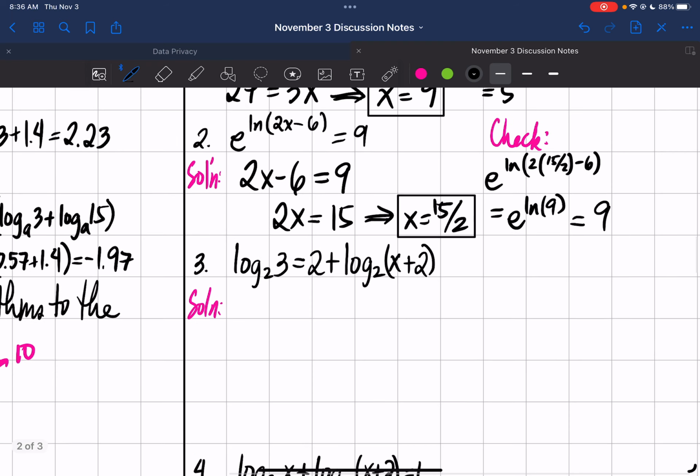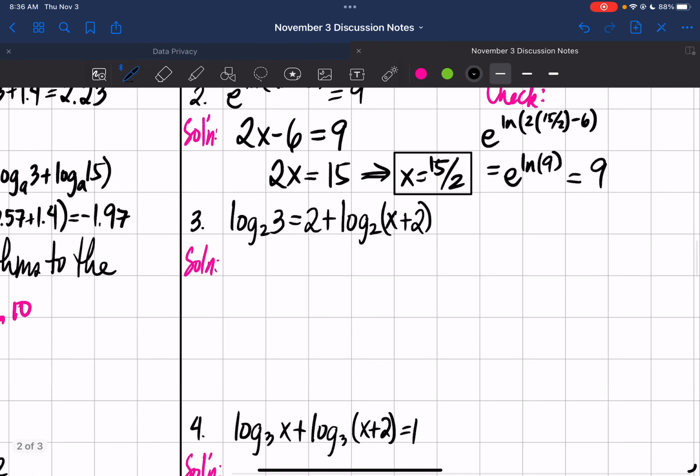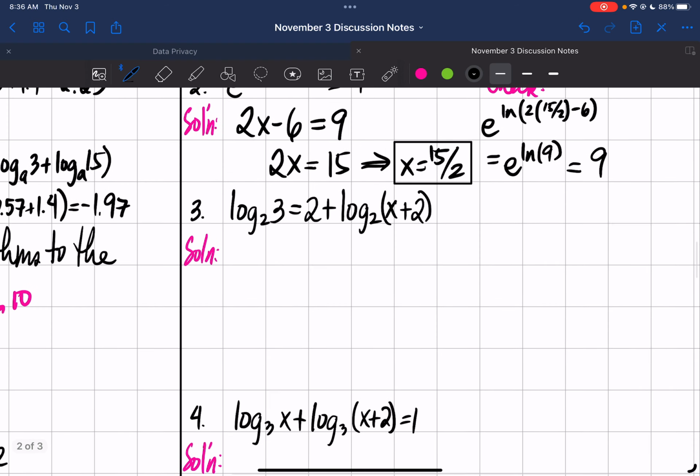Our next problem is log of 3 base 2 equals 2 plus log of x plus 2 base 2. So our problem here, class, is that you have a term here with log base 2, then you also have a term with log base 2.